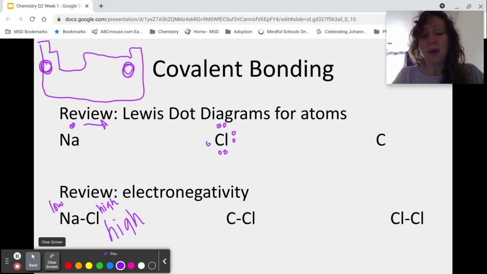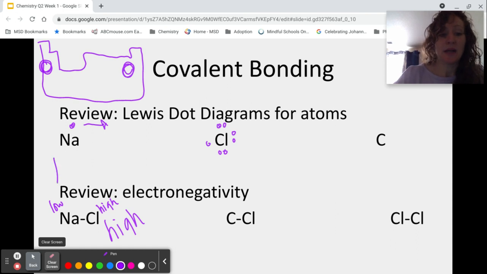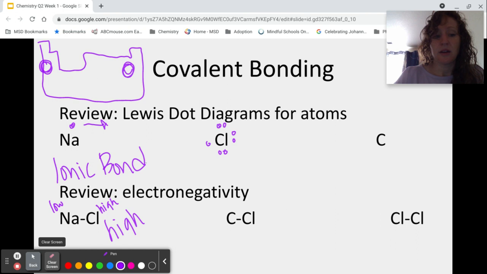And so when this happens, when sodium doesn't really have a hold on its electrons and chlorine's trying to gather as many electrons as it possibly can, we get an ionic bond. An ionic bond is going to have a very high difference in electronegativity.